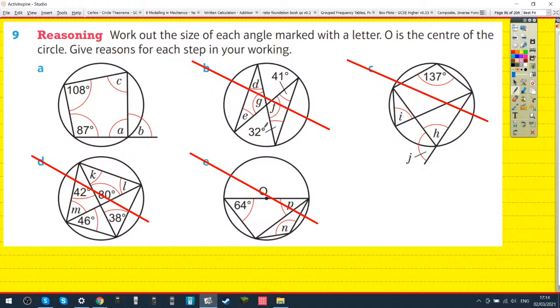So C is 90. C is 90. 93 degrees. Mm-hmm.